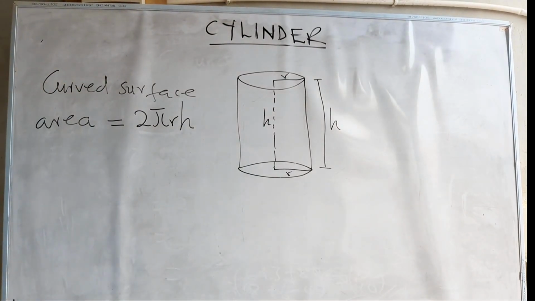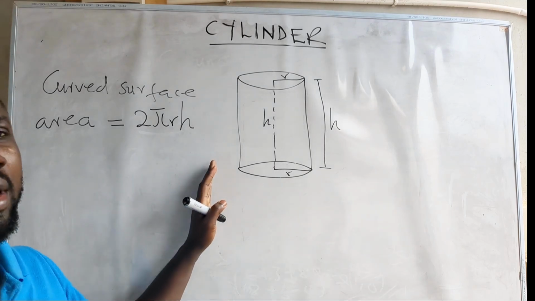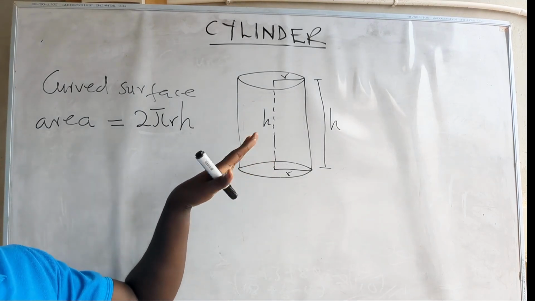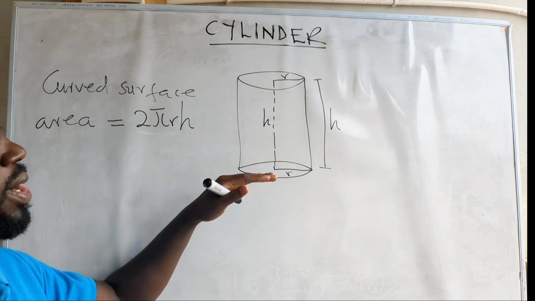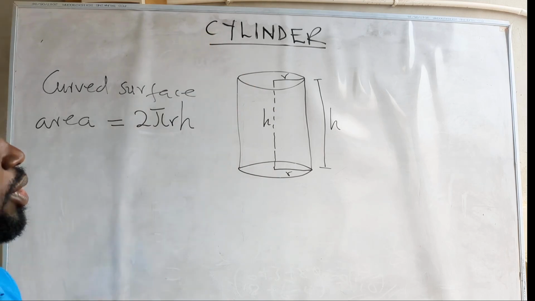The next thing we are going to do is to find the area of the cylinder with one side closed or one side open. If one side is closed, definitely the other side is going to be open.